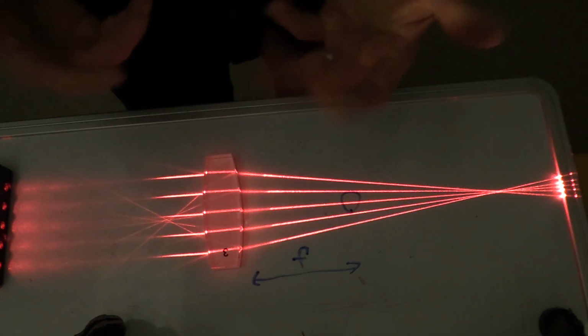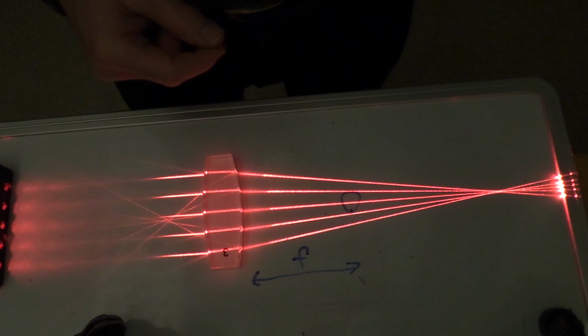Now let's see the effect that these have on our point source. Okay, I've replaced that array of 5 laser beams with the point source that we used before, and I'm going to start by putting in the weakest of the 3 lenses. And you can see that just about takes this light that was diverging and converges it into an essentially parallel beam.